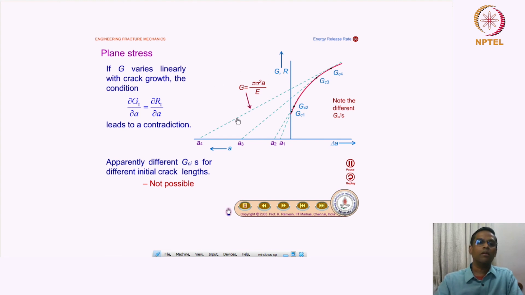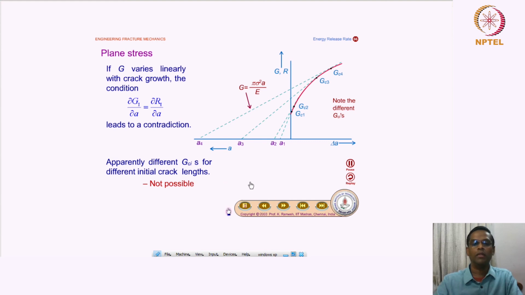And this is not going to be true, because the G should be the same for any crack length. That is why this kind of analysis is going to have a problem. Okay, so then what is the remedy?